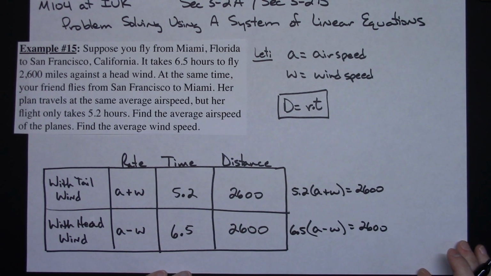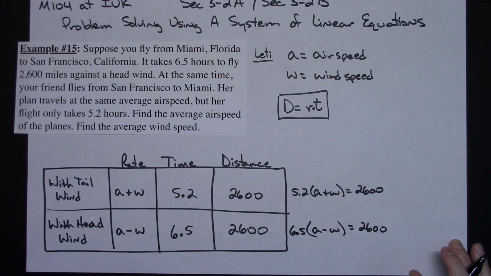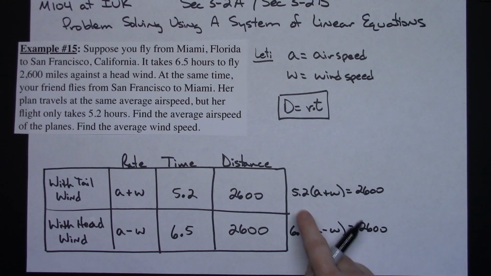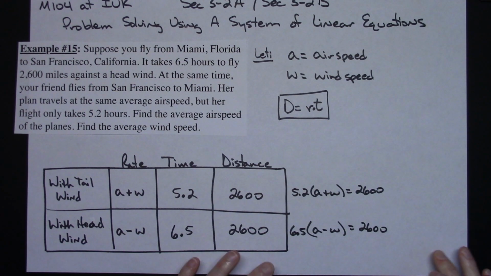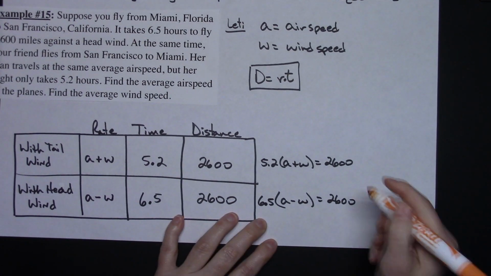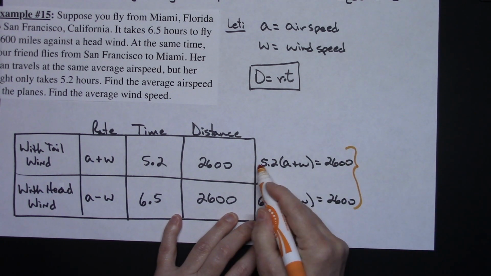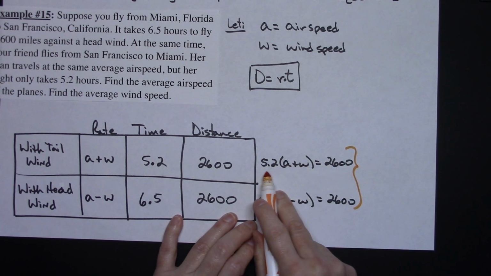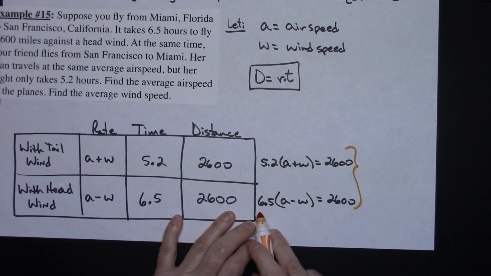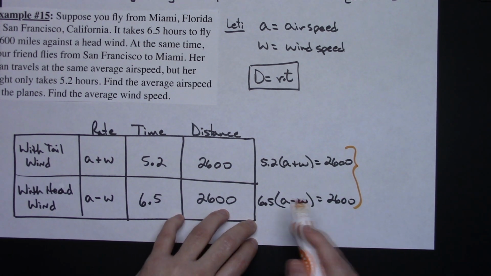Now, in that system of equations, I could distribute the 5.2 and the 6.5, but then I'm going to be working with a lot of decimals that is just not necessary. So what I could do is solve those equations: I could divide both sides by 5.2 and by 6.5, and that's going to make both equations a lot easier.